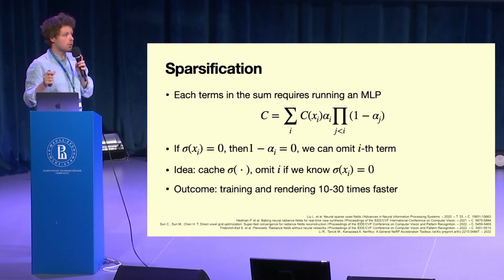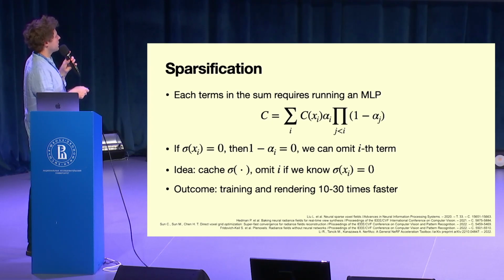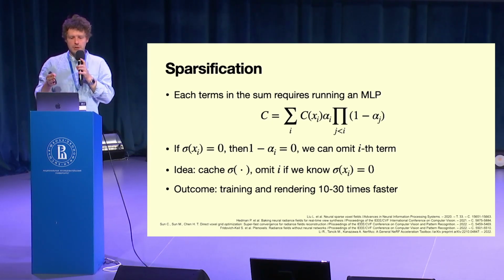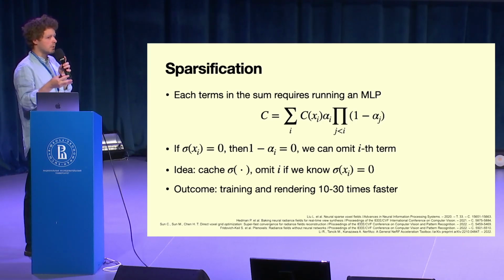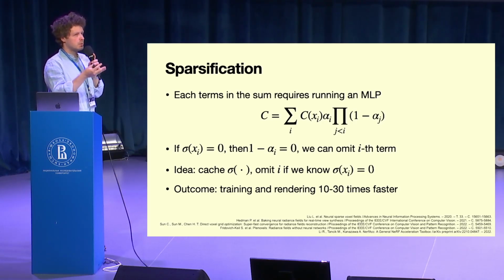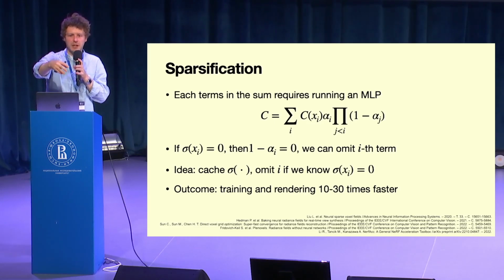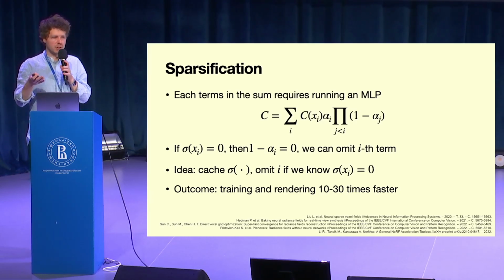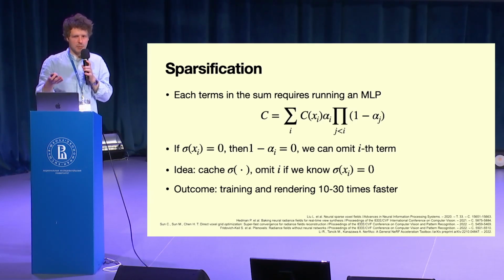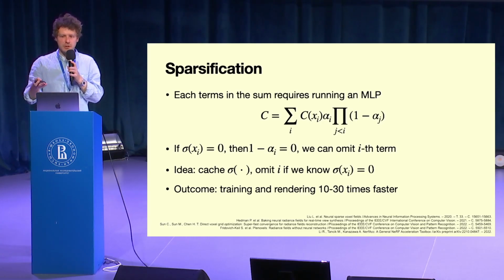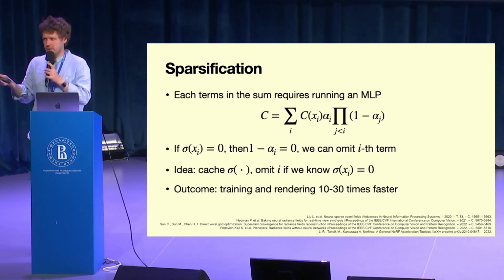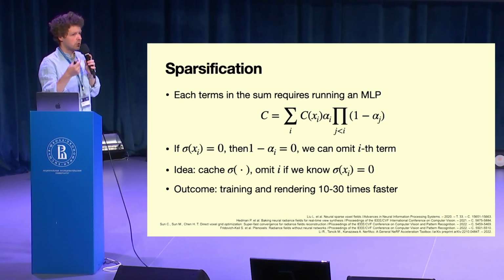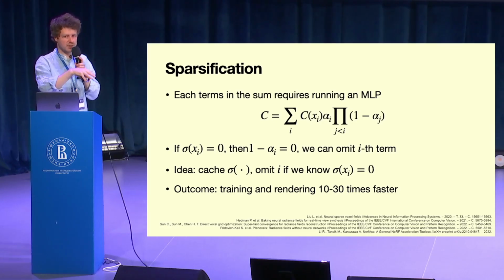But we know that often the coefficients in this formula are either 0 due to alpha being 0, or they are 0 because we've already encountered some non-transparent surface on the scene, and we cannot see the stuff behind this non-transparent part. And the idea is that we can cache the values of density, and prior to computing density and computing color to obtain the output average color, we can look at our cache and check whether there is something in this point of space or not.